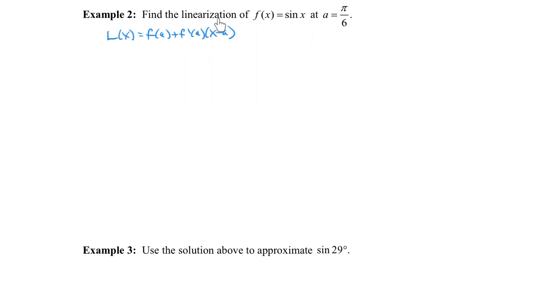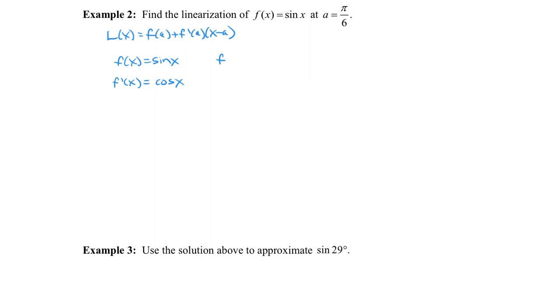So it's just a different phrase, saying use this notation L of x instead. Okay, same idea. We go through the same process. We find the function. This time the function is sine of x. We know what a is. So f of x is sine of x. First thing we're going to have to do is find the derivative. F prime of x equals cosine of x. And then we want to find f of a.